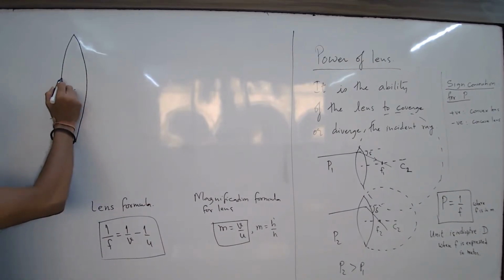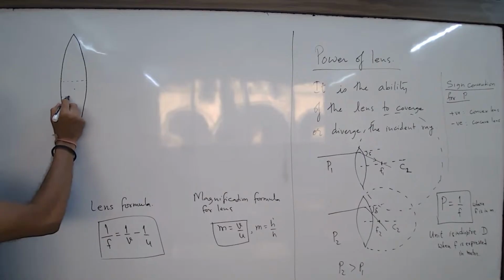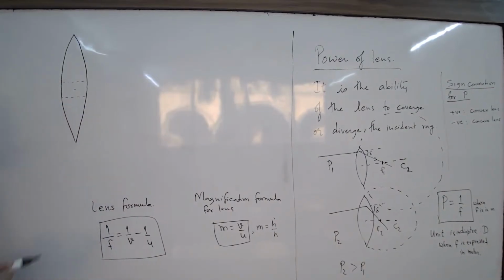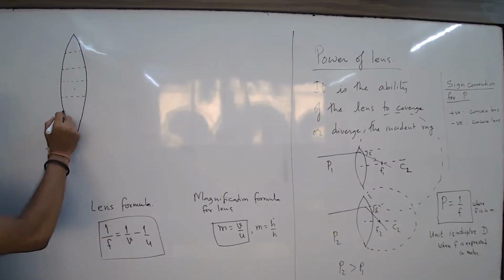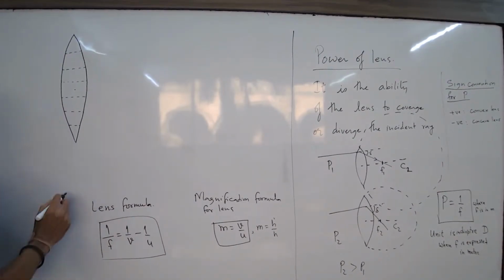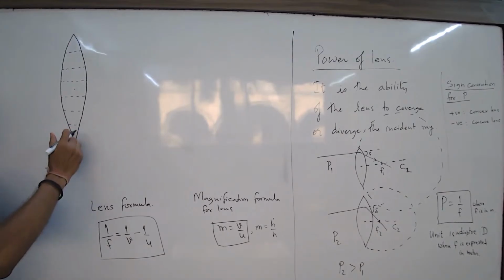If you look at the lens, if you divide the lens like this, it is like consisting of so many prisms.